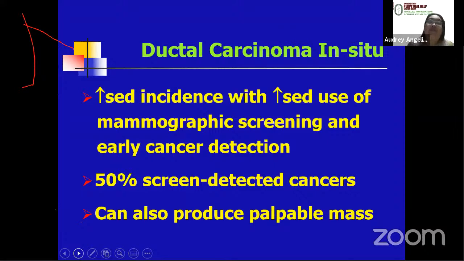So this would be the cancer that would be the most common in screening, meaning the lump is too small to be palpated, yet there are already changes in situ. So can also produce your palpable mass.